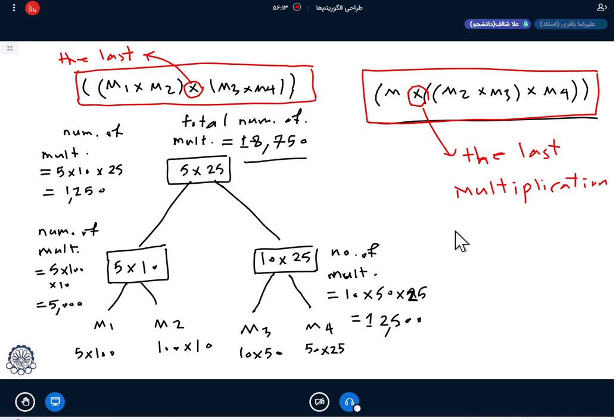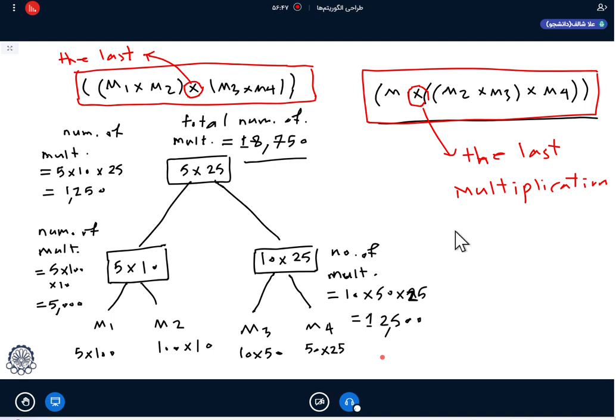Assalamu alaikum, Doctor. Assalamu alaikum. I'm sorry, Doctor. I mean, this slide, yes. Why is M1 5 multiplied by 100? Why use 100? And I mean 5 multiply 10, okay? And this right and left multiply 10, okay?